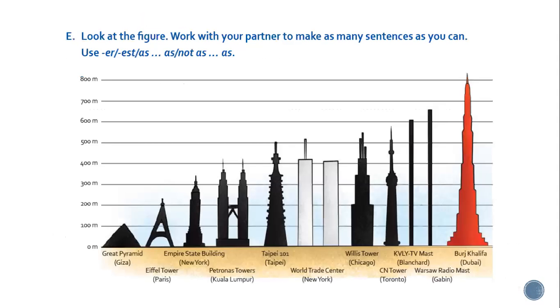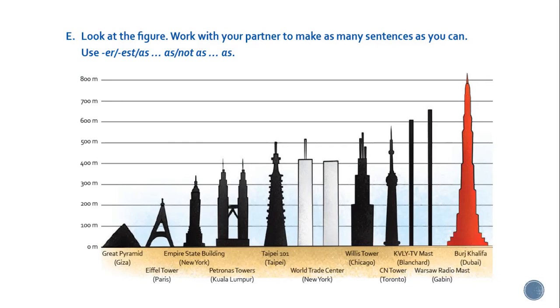Okay. Now the last exercise given in your book is this. Look at the diagram carefully, students. Here you have to make sentences and you have to use er, est, as, not as, like that. You have to make 10 sentences and 2 sentences are already given in your book.